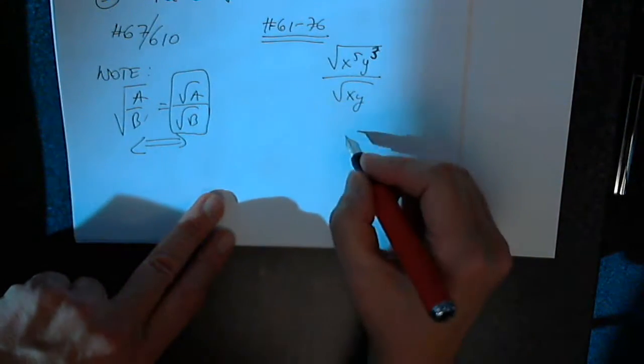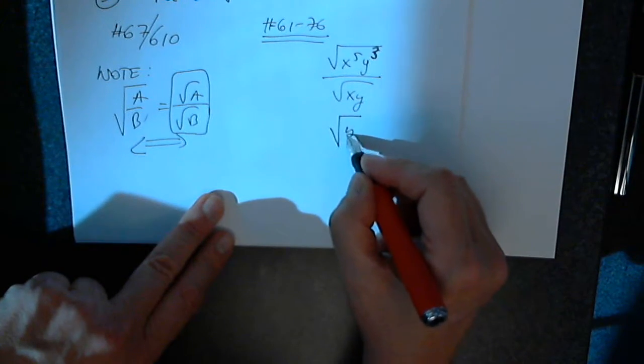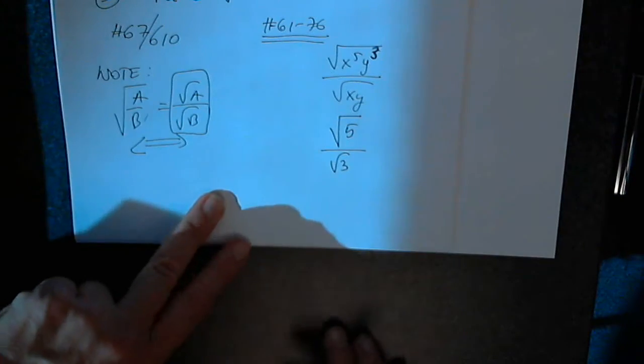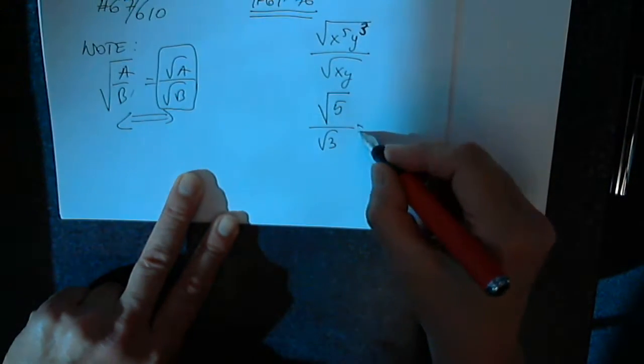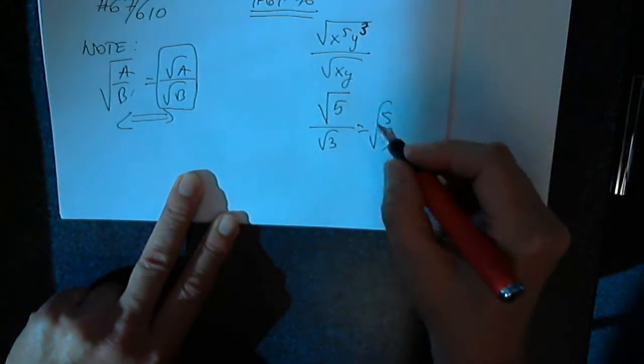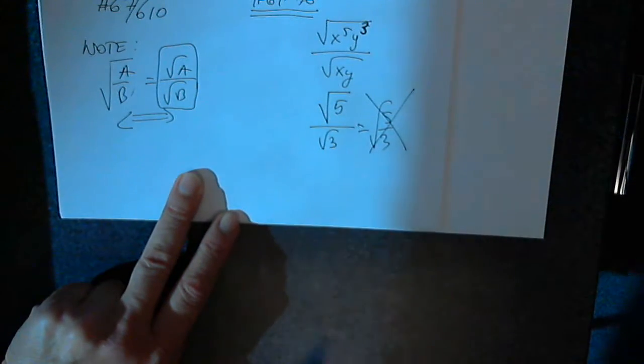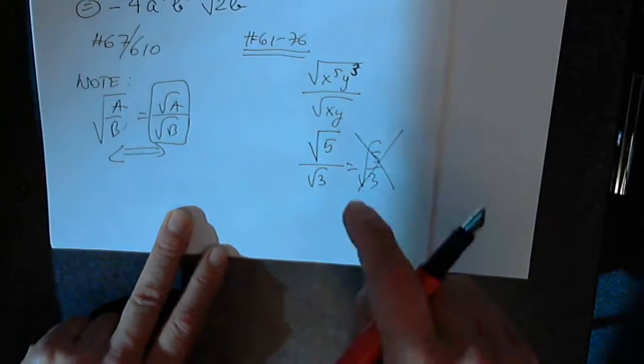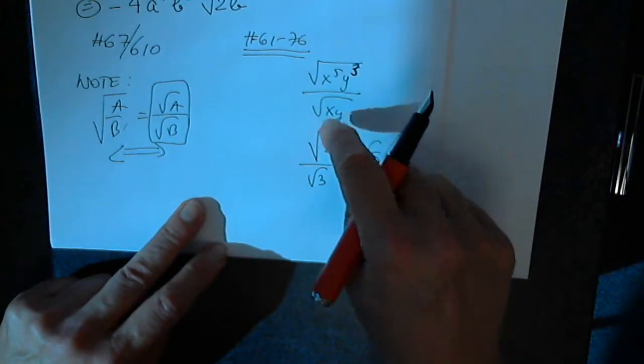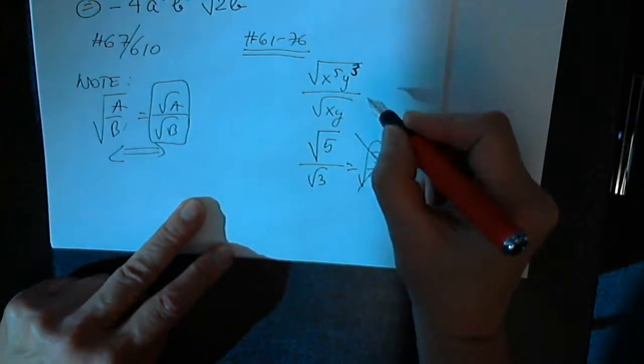See the difference. If I have the square root of 5 over the square root of 3, although I can write it as the square root of 5 over 3, I will not, because I can't simplify it. 5 and 3 have no common factors. Those two expressions, top and bottom, have common factors.